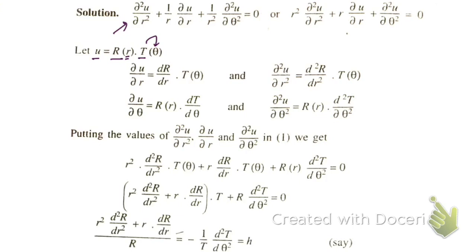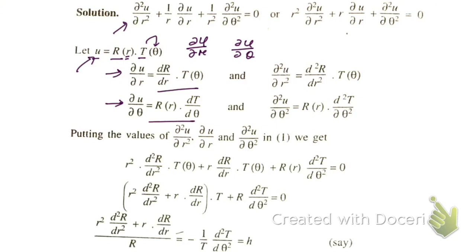So we have differentiated this solution that we have considered, del u by del r, and then also we have differentiated it with respect to theta as well. Okay, so differentiating with respect to theta and with respect to r, we have got these two, right?